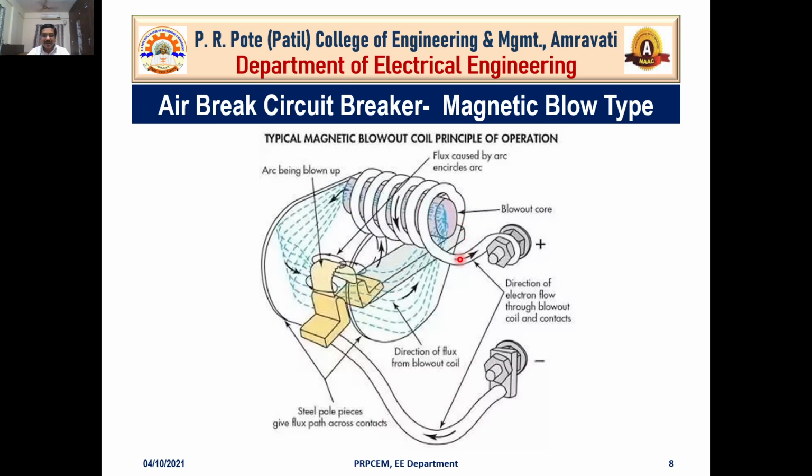Likewise, you will find there is a flux caused by this arc which encircles the arc, and these are the directions of the electron flow through the blowout coils. This is also the direction of flux from the blowout coils, and these magnetic fluxes further facilitate the arc to move in the upward direction.